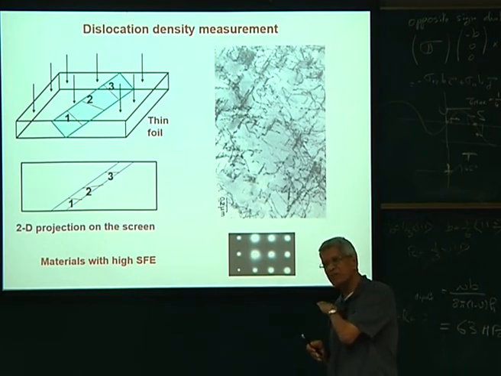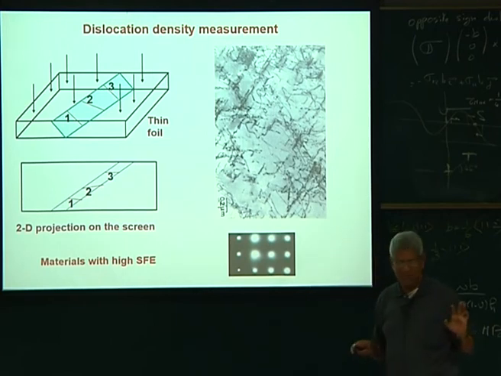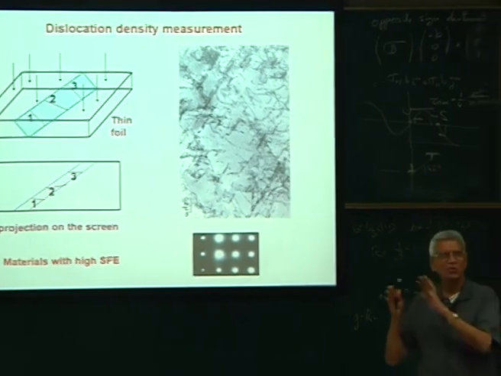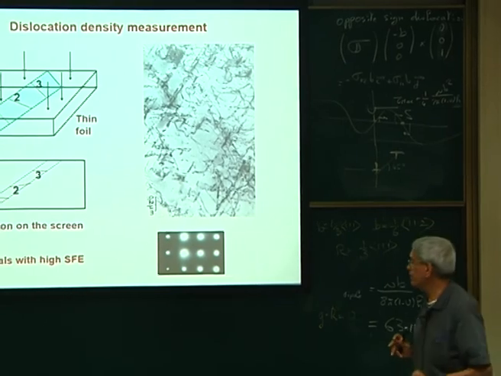So if we image all the dislocations by this method, then you know that all the dislocations are visible. We have not missed out any dislocation. So with all the errors which are there, at least we have come close to the dislocation density which is there in the material. Okay.